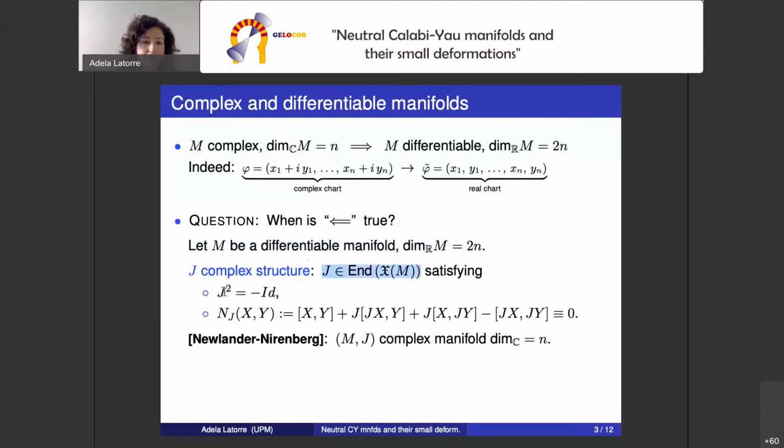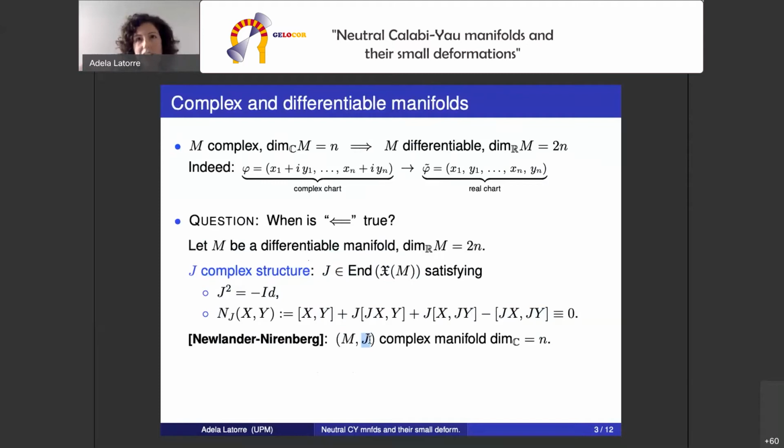The first one is that the square of J equals minus the identity. So one can think that we want J to imitate the imaginary unit. And the second one is the vanishing of this tensor here, which is called the Nijenhuis tensor. So when we have these two conditions, then somehow I think that J is telling us how to organize the real charts to find a complex one.